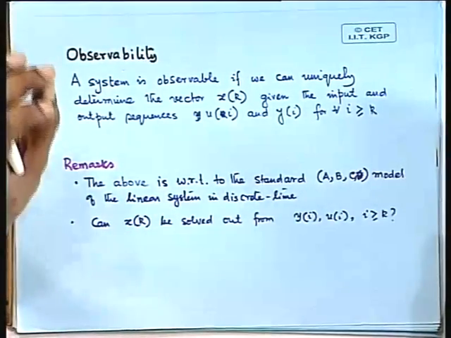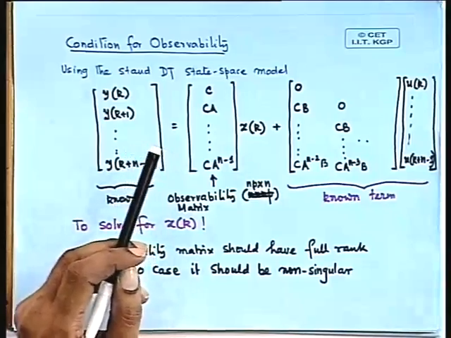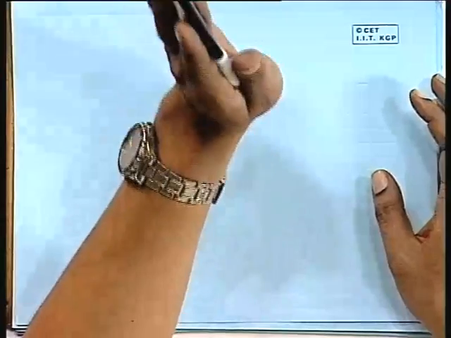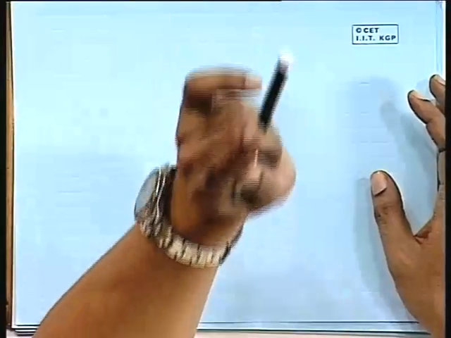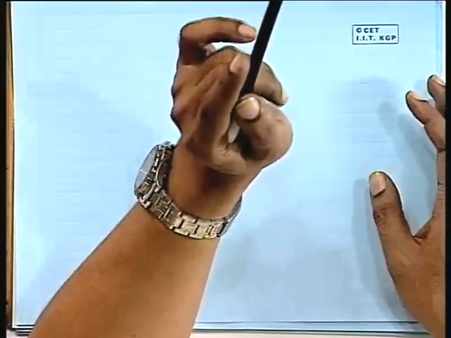And so the basic question of observability is that if you are given u_k, y_k, u_(k+1), y_(k+1) etc., whether you can solve out x_k. It is a question of solving from a set of linear equations. So, basically it boils down to the solvability of a set of equations. And what are those equations? You want to find out x_k. x_k has n components.